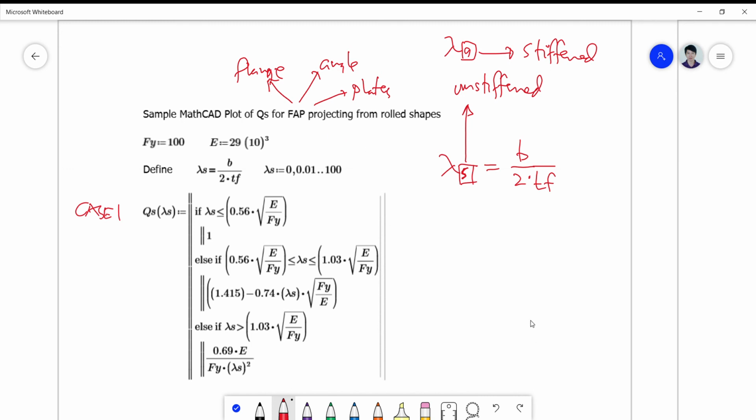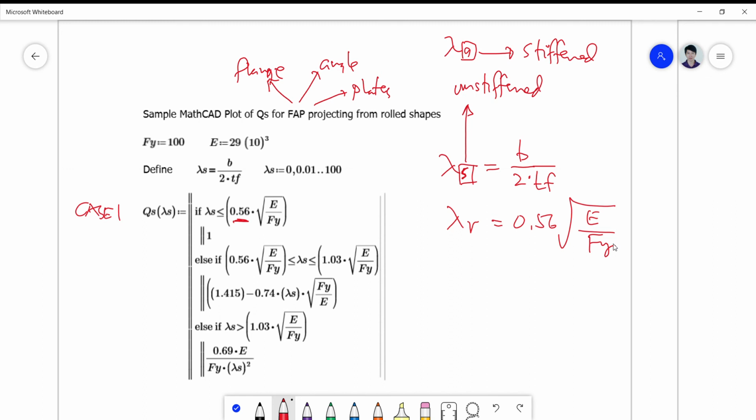Your lambda r value is 0.56 square root of E over Fy as defined from your table.